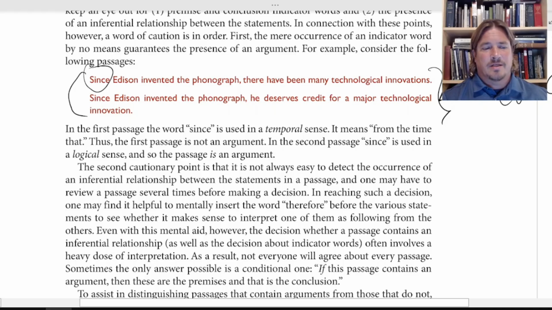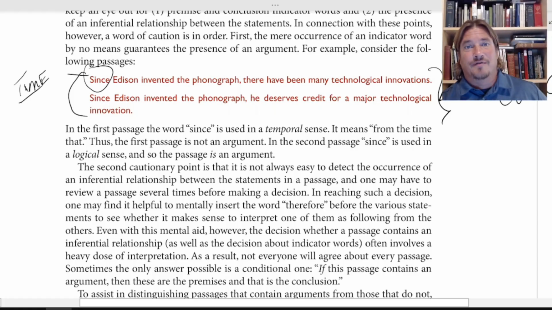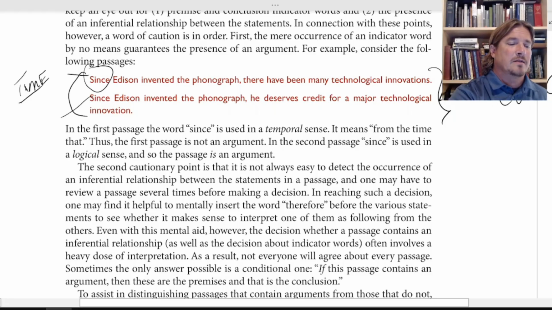So Tom says, since Edison invented the phonograph, there have been many technological innovations. Now that's the word since, which is a premise indicator word, but it's used in a time way. It's a temporal notion of since, like since this time. But here in the second one, this is a logical notion.